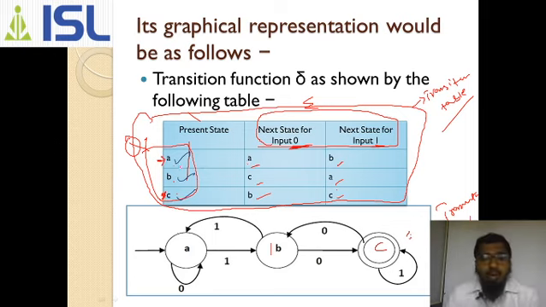Now from A, A is going to A when the label is 0. When A is 1, it is going to B.